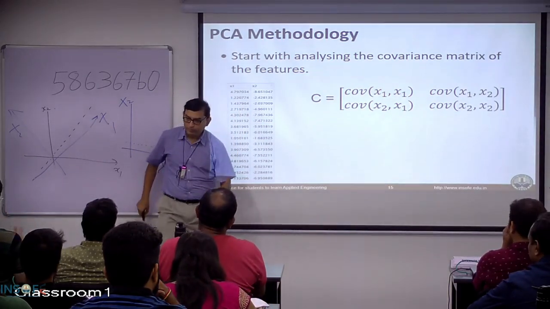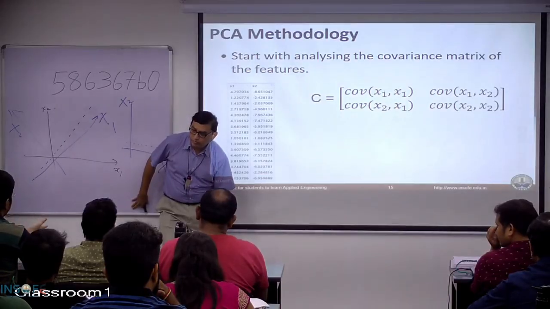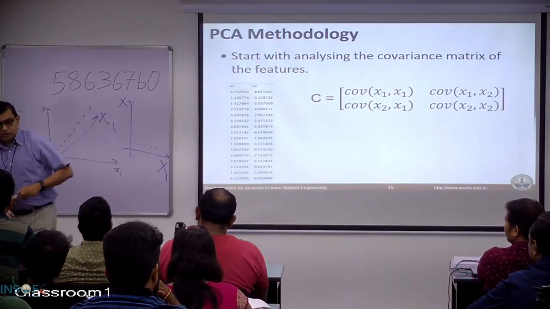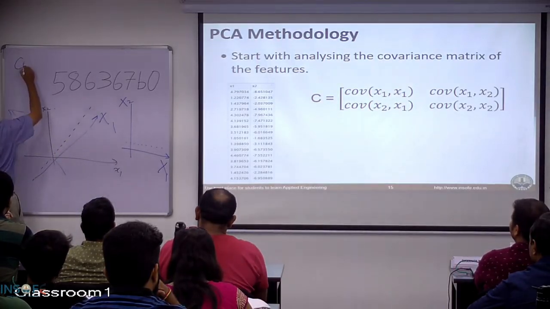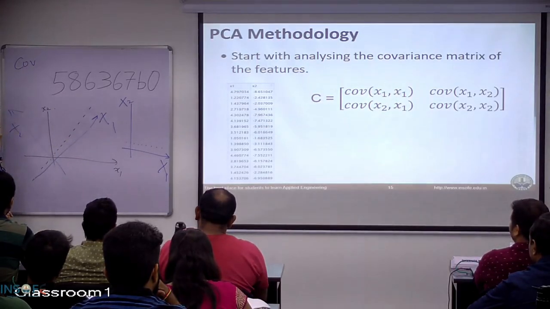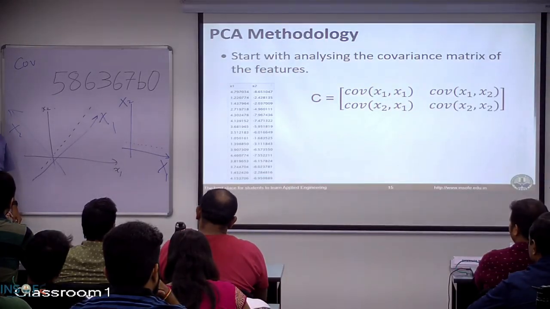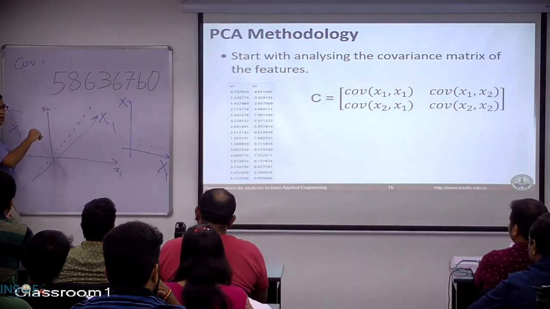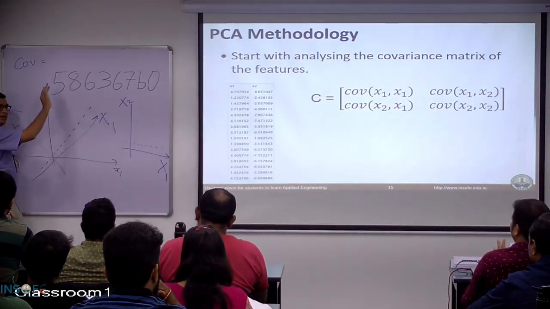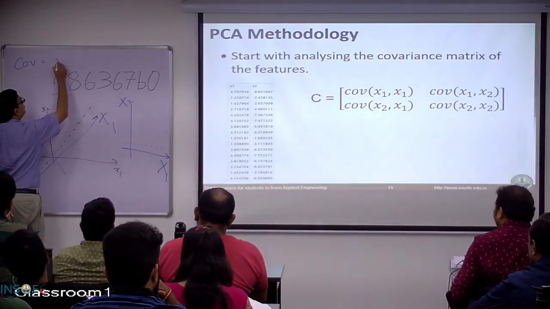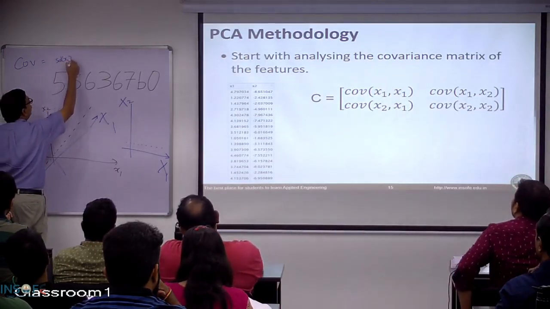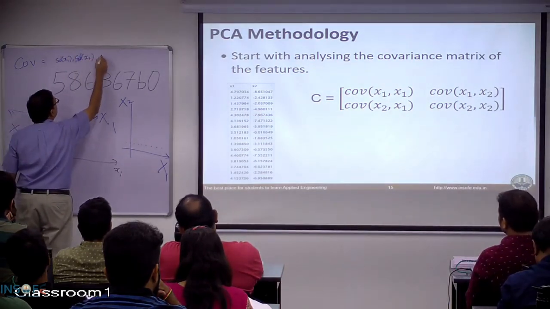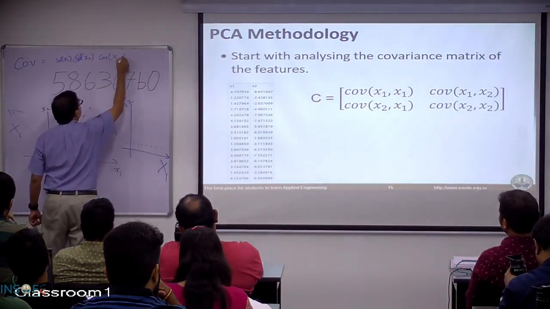Yeah. Absolutely. So everyone remembers correlation? Good. So covariance is just the standard deviation of 1 times the standard deviation of 2 times the correlation of x1 and x2.